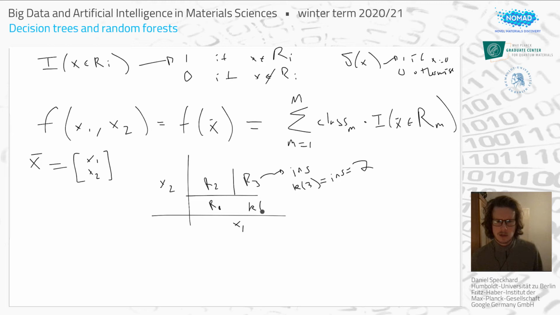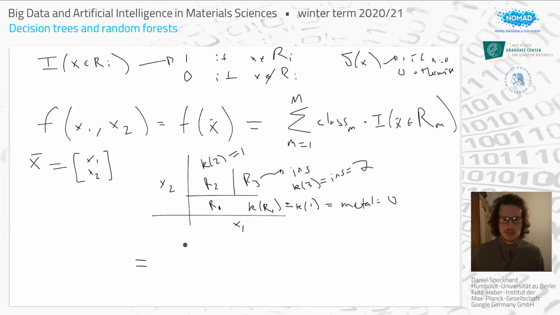The class of region 1, K of 1, we can drop the big R of 1, is equal to a metal, or in our encoding, 0. And K of 2 is equal to 1. So the class of region 2 that we were assigning was a semiconductor, which is 1. Great.